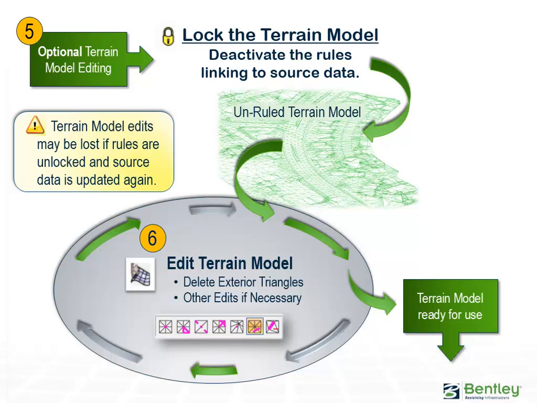Sounding backwards to some, the Lock Deactivate Rule tool on the heads-up menu is used to set the terrain model into an unruled state. When the source is imported, the terrain model remains linked to the source data. All edits and updates should be made to the source data, and updates propagate into the terrain model. Rules linking to source data take a higher priority than manual edits with the Edit Terrain Model tools.